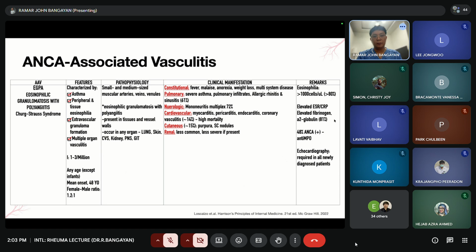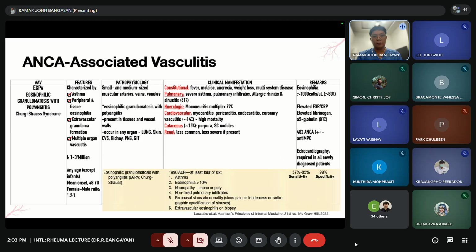Again, the laboratory tests are non-specific, same as your inflammatory markers. So here are the classification criteria used to classify EGPA. But again, once you have mononeuritis multiplex, you have asthma, you have cutaneous lesions, palpable purpura, then consider EGPA.